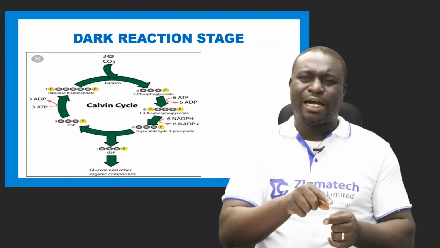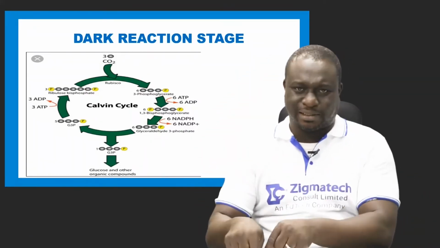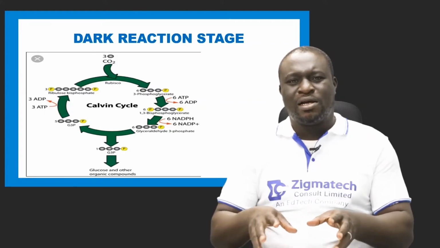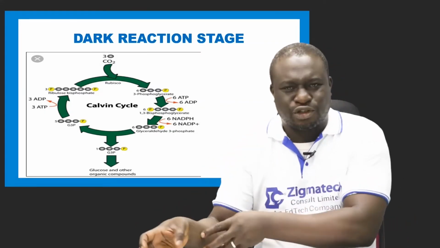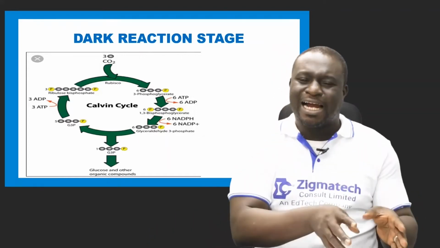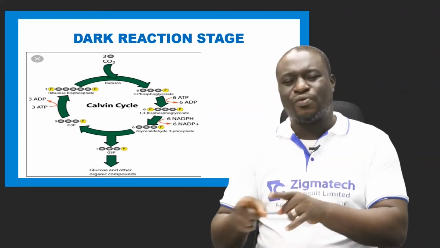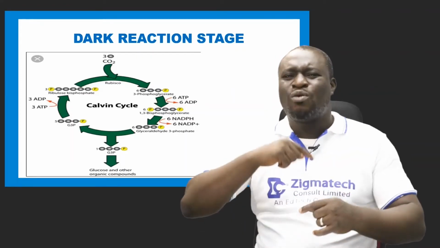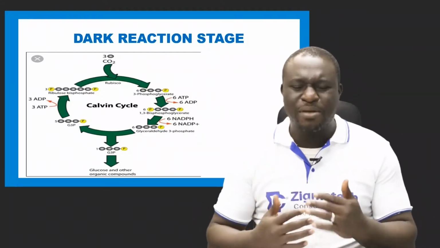The carbon dioxide comes into the reaction during the dark reaction stage. So the hydrogen ion from the NADPH reacts with the carbon dioxide with a series of chemical reactions.